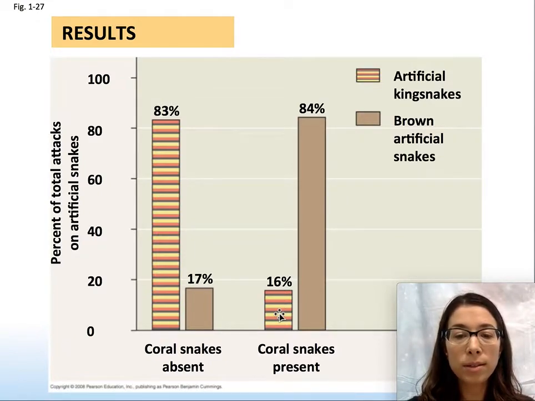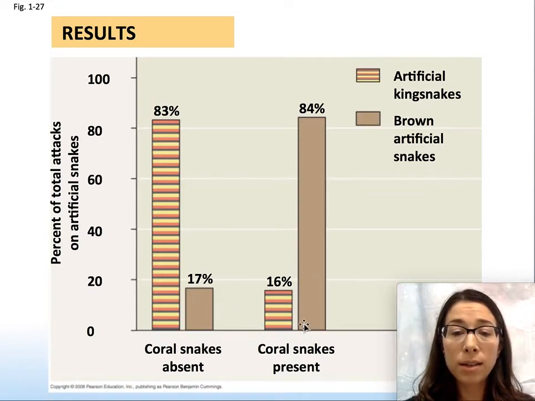What if there's some other reason why there might be fewer attacks that has nothing to do with the color or the abundance of poisonous snakes? So our brown snakes let us demonstrate that in fact there are predators in that area. The brown snakes are being attacked. However, the difference in the number of attacks seems to be due to the coloring of these artificial snakes and whether or not the poisonous snakes are present.